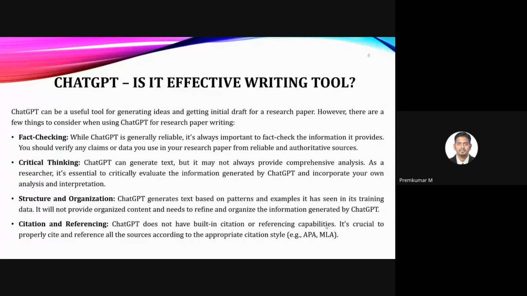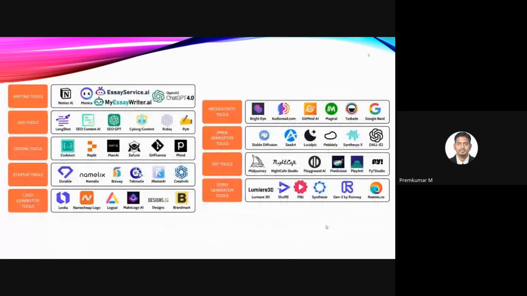If you have a premium membership, maybe some add-ons are available for referencing, but it will not give proper citations, because the content is trained on multiple papers, so it cannot find the proper reference paper for that particular content. That's a problem with AI tools. As a researcher, you have to do proper citation and referencing.